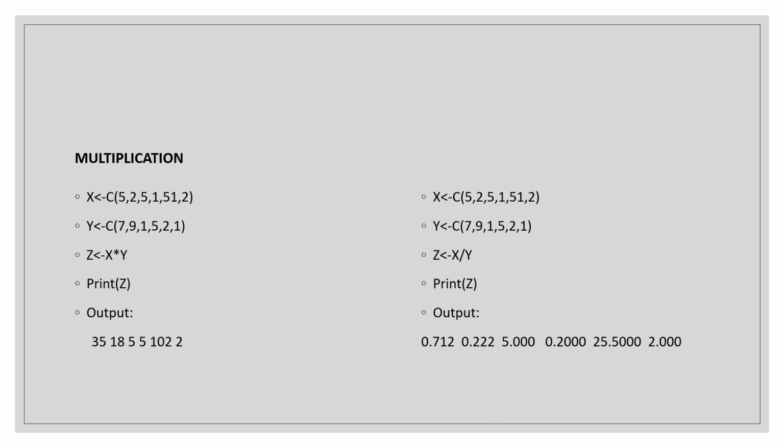If we divide 5 by 7, we get 0.712 as a result, which is printed in the output. And the second element of x is 2 and the second element of y is 9. If we divide 2 by 9, we get the output as 0.222. In a similar way, x and y are divided with each other to get the output.